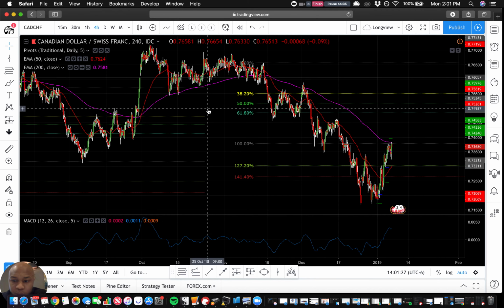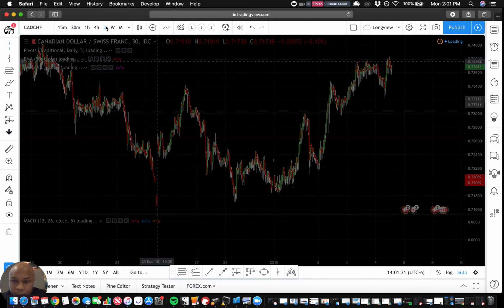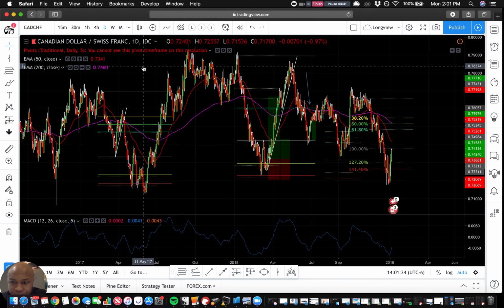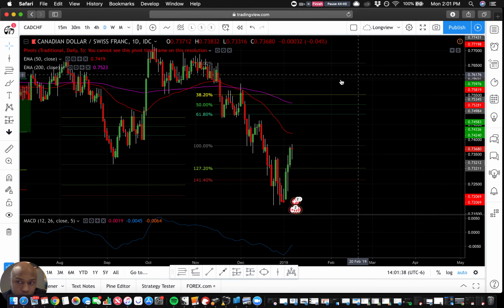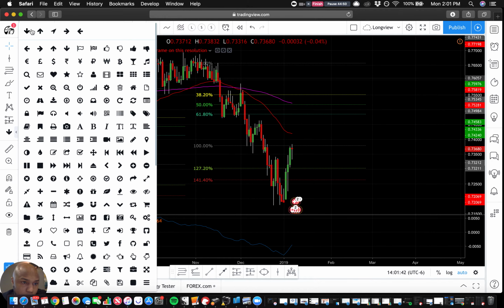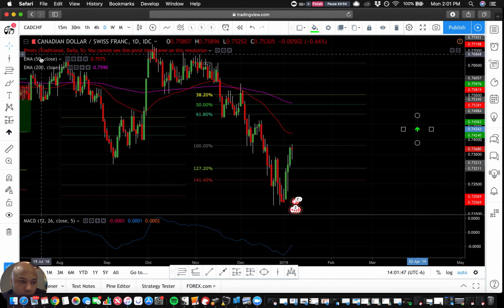Anyways, if I'm looking at the 1 hour chart, this looks like it wants to roll over and go up. Yeah, this looks like it wants to go up. So since it's bullish, since we think this is going to go up, that means that CAD is stronger than CHF.